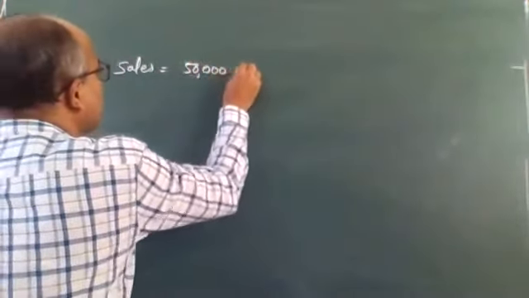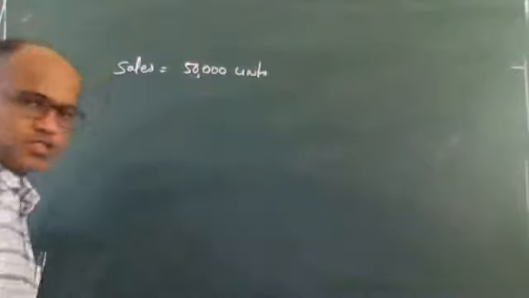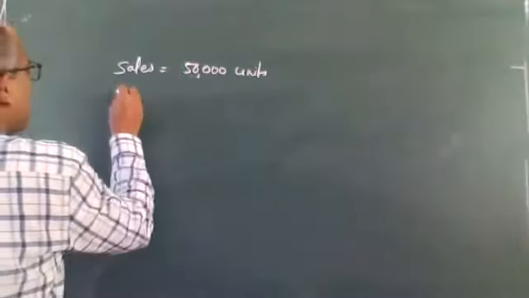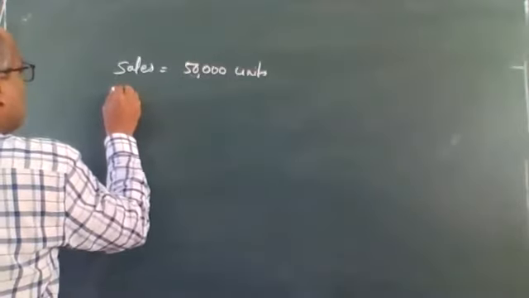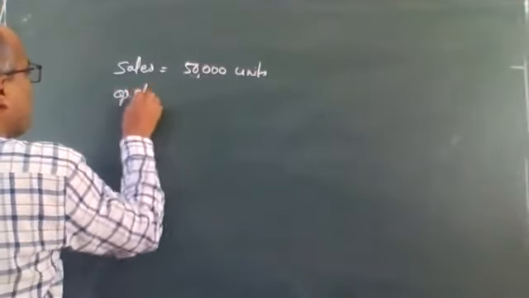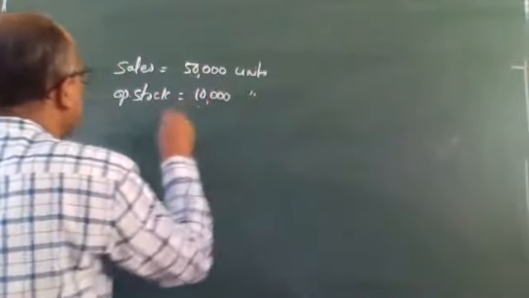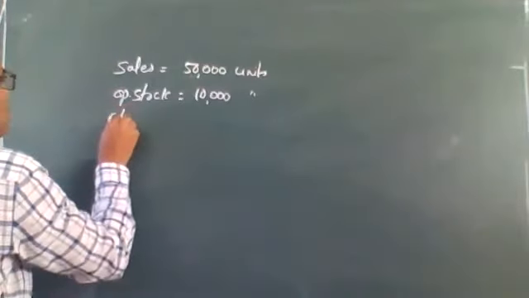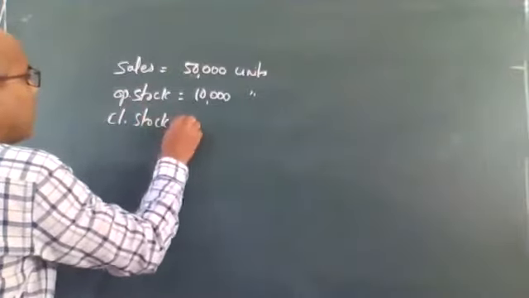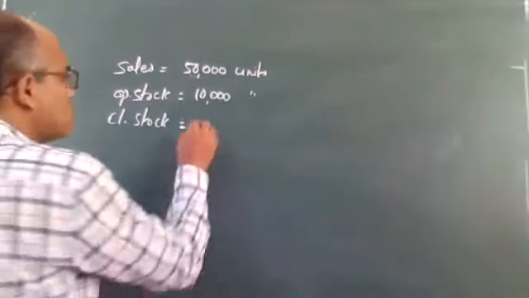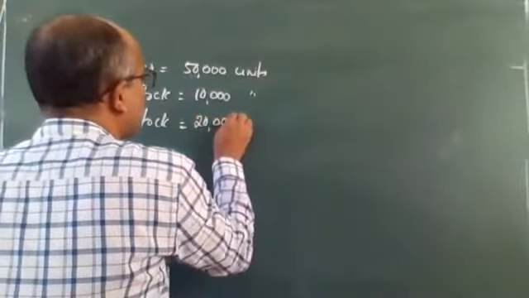I have to sell 50,000 units. But my opening stock is estimated to be, say, 10,000. And I want a desired closing stock. At the end of the period, I want some 20,000 units to be in stock.